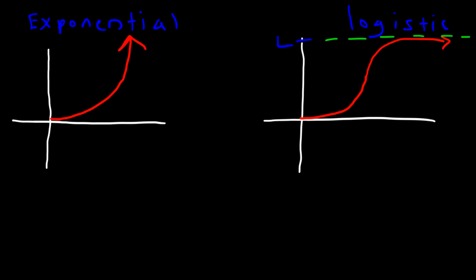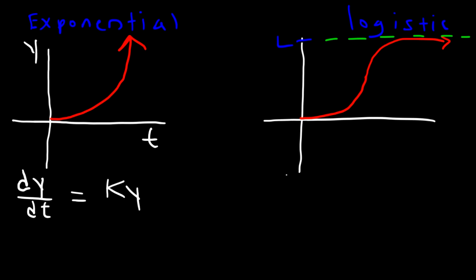Now, what is the differential equation for exponential growth? And what is it for logistic growth? For exponential growth, the differential equation is dy over dt is equal to ky. t is the variable on the x-axis, and y is on the y-axis.